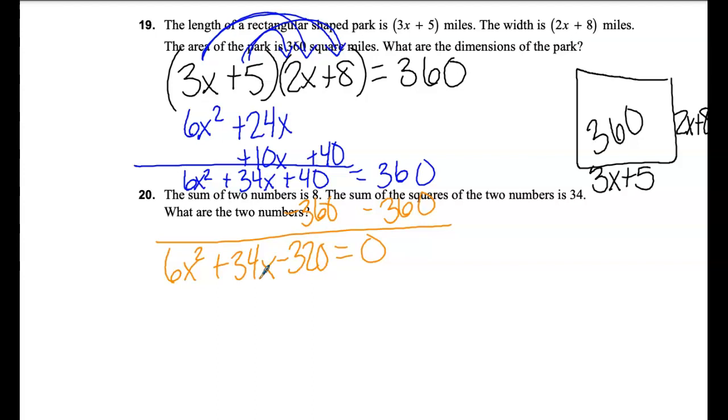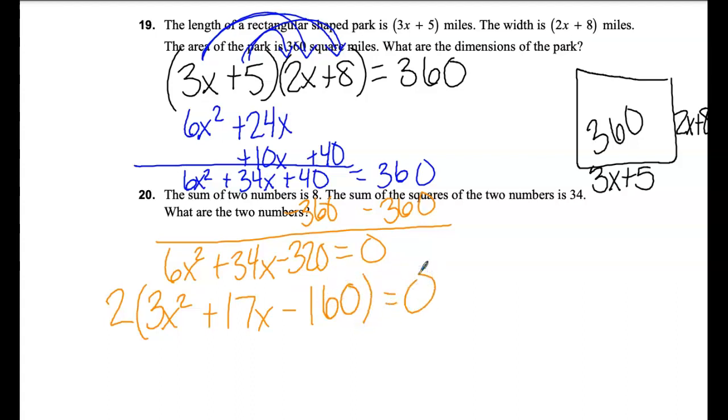So if I divide everything by 2, I would have 3x squared plus 17x minus 160 equals 0. Everybody good with that? We just divided everything by 2. Then you see what goes into 160. Okay, so now we still have to do 3 times negative 160.